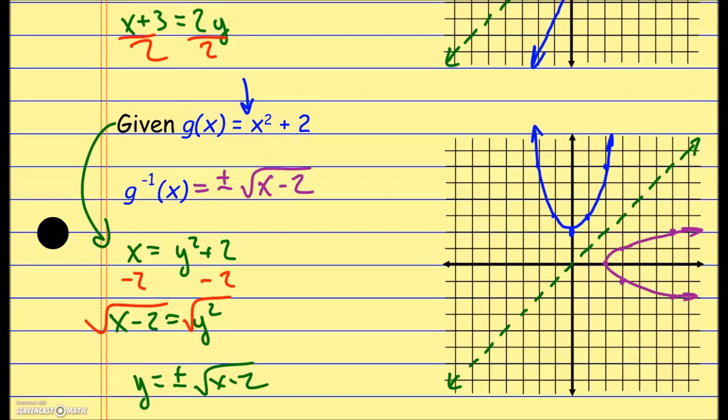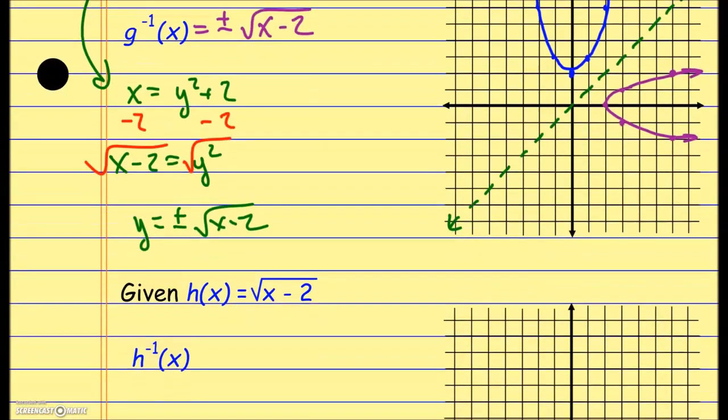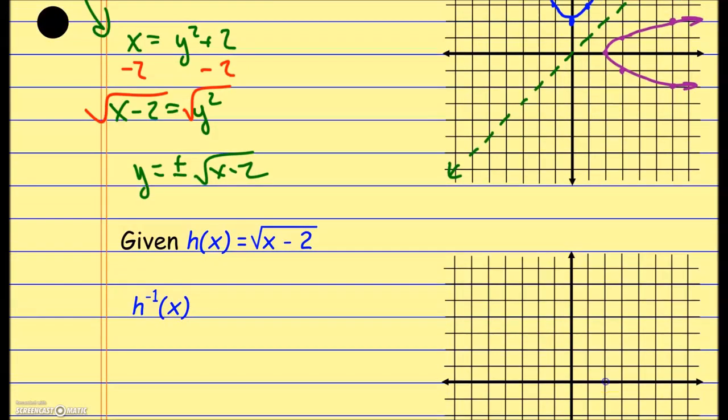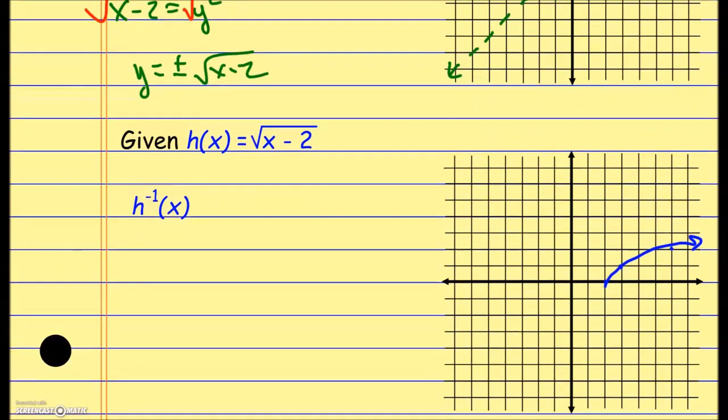Okay? And so this next example is just the positive version of that square root function. So if I just have the positive version, I'm only going to graph the top of it, which means I'm just going to have this piece right here. And now I want to find out what the reflection of that is going to be for my inverse.